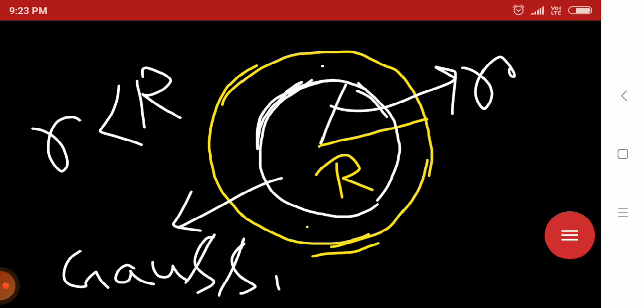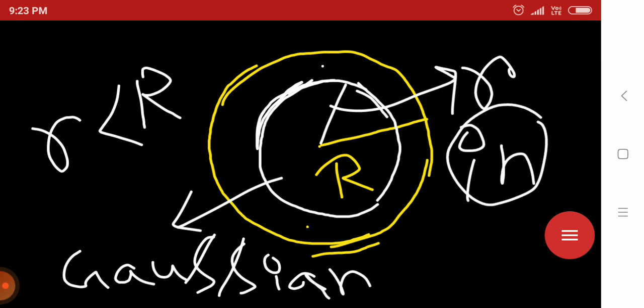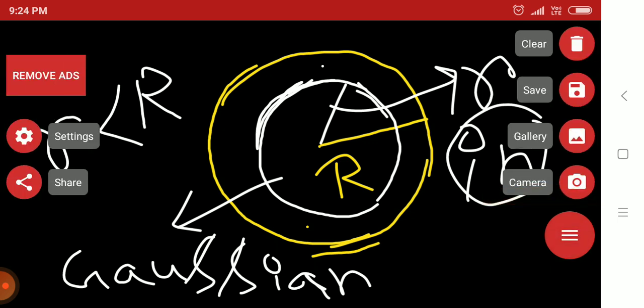Today's case is inside, the electric field inside the uniformly charged sphere.